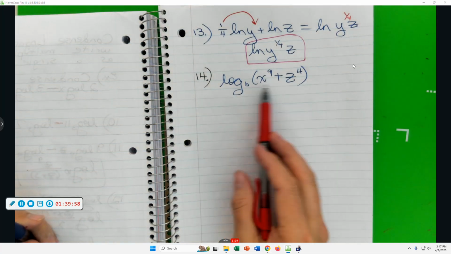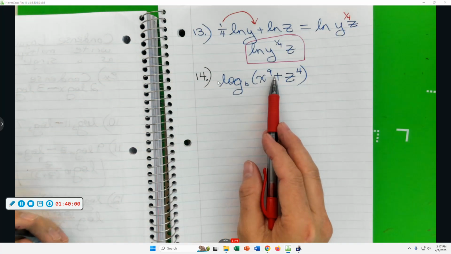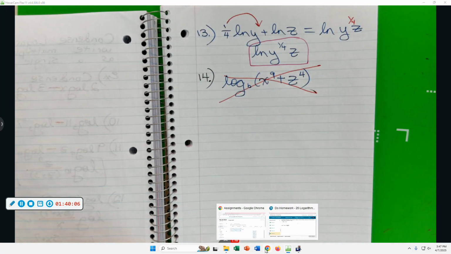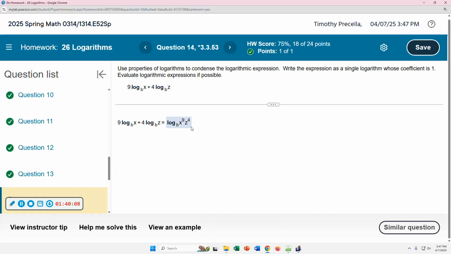They would have put that plus there. No. By the way, I could have put my x and z in parentheses. But it's just not necessary. If the argument only has multiplication, there's no need to use parentheses. But it doesn't hurt if you do.